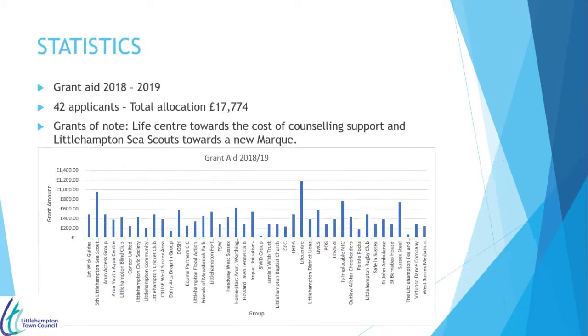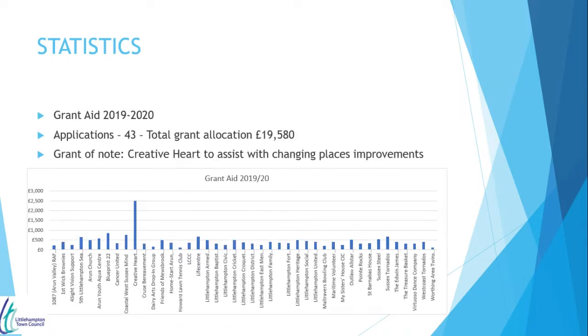Some statistics. Grant aid 2018-2019 saw 42 applicants with a total allocation of £17,774. Grants of note in this application period: Life Centre towards the cost of counselling support, and the Littlehampton Sea Scouts towards the new marquee.